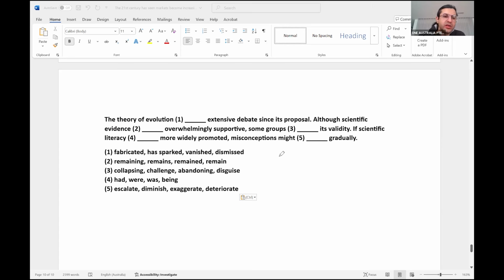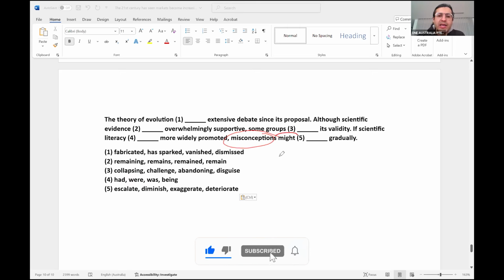So the answer should be were, not was. For example, if I were born in a richer family, not if I was born, it will be I were. Always remember this rule, okay? So this was the tricky part in this question.